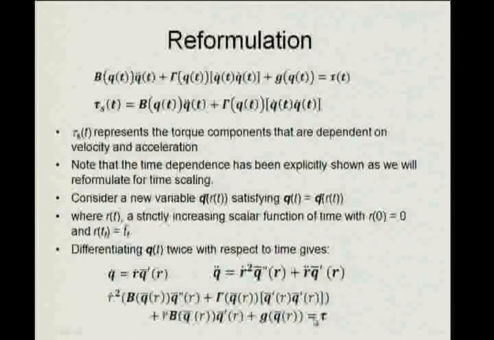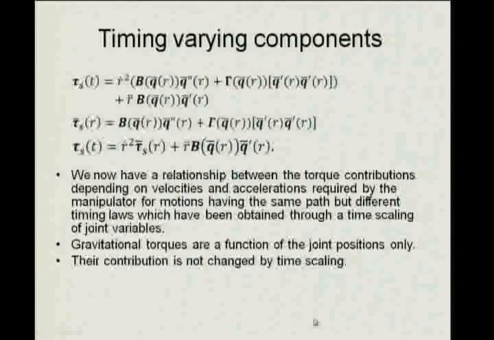So you get it in this format, just back substitution. This is not very interesting, but this is what happens. So we had tau s of t, looking at just these components, was this. So I popped these out, r double dot. Then I defined tau s of r as this term.